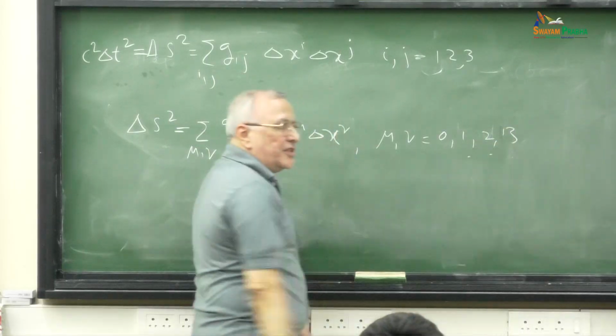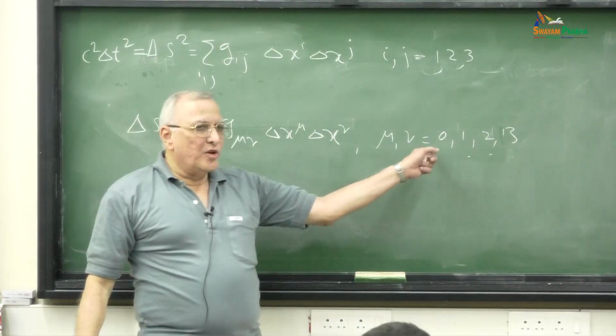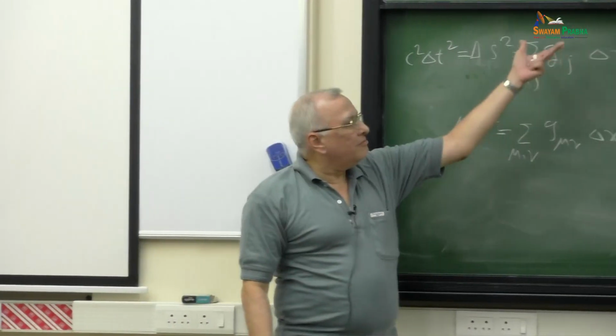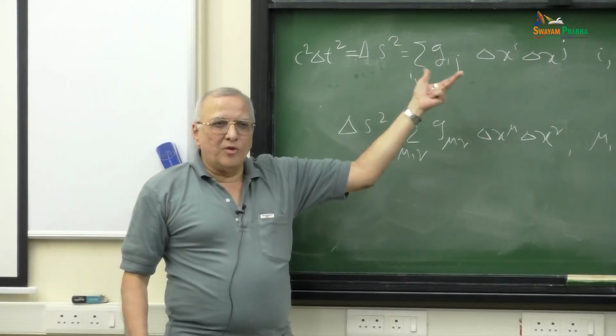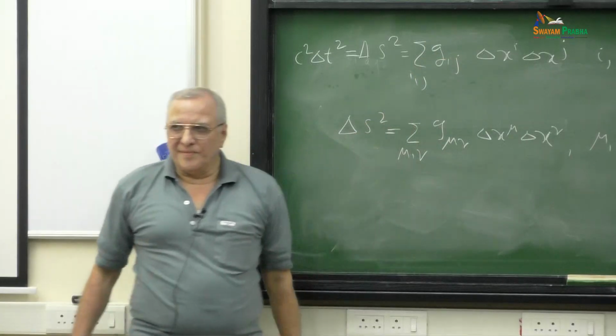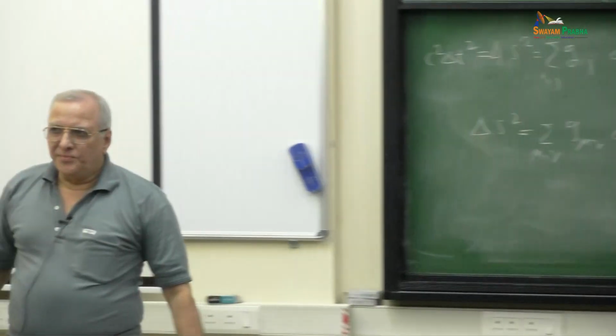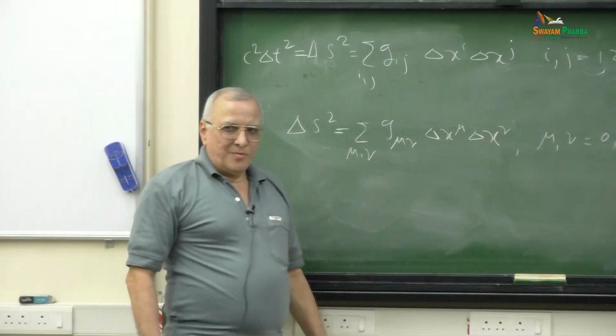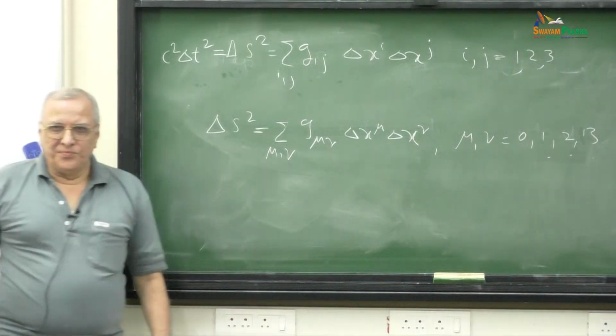These are my x, y, z coordinates. This is my new fellow that I introduced, t, and more or less straightforwardly generalize that expression to this expression. Okay. So far it does not look terribly revolutionary, it's rather simple to write that, but there are of course many things hidden in it.